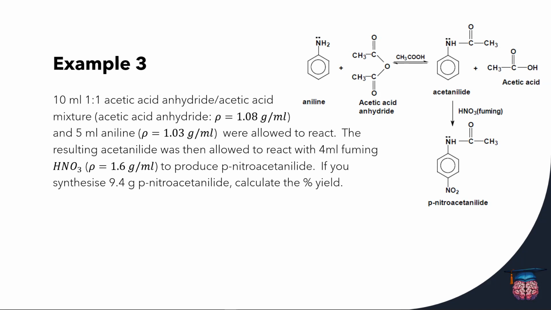So step 1 is always to check that our equation is balanced. For convenience sake, this equation was already balanced beforehand. Now we need to go and identify our reagents. So what are our reagents?